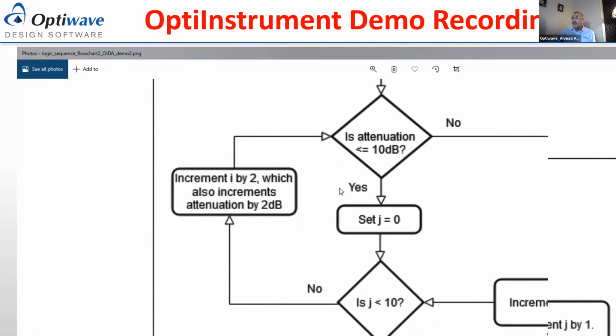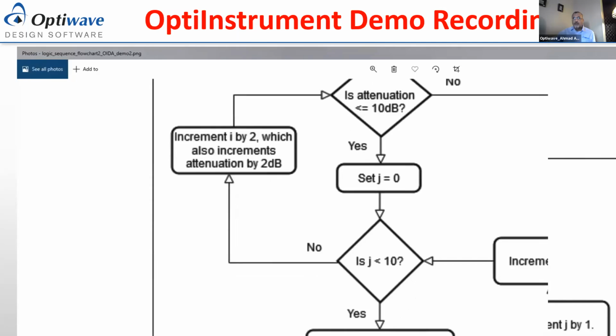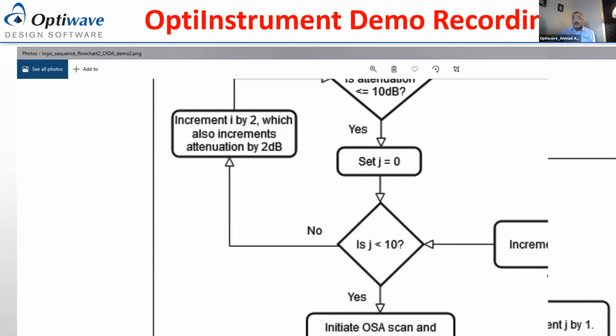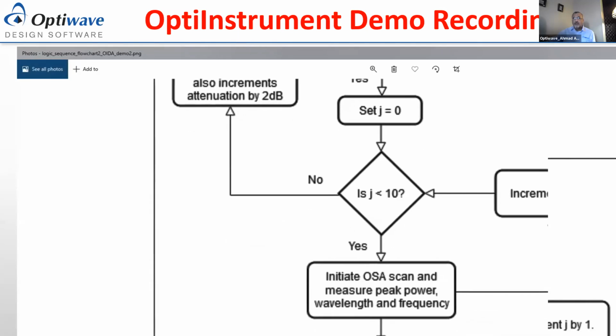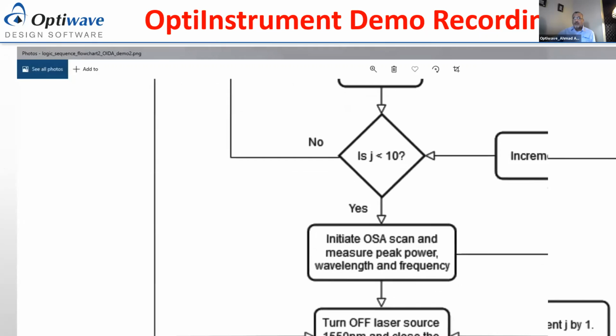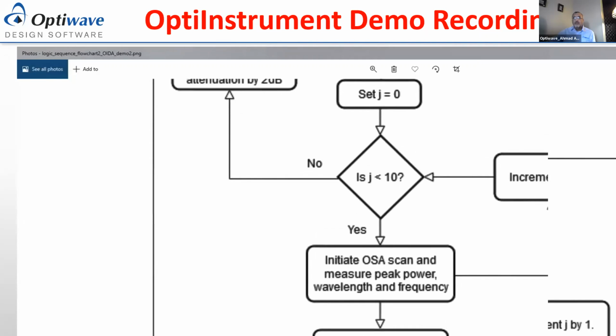We do a similar thing where we measure peak power, wavelength, and frequency for each attenuation value until we've exited the loop. Once we exit, we turn off the laser and close the attenuator shutter. And that's the end of the sequence.